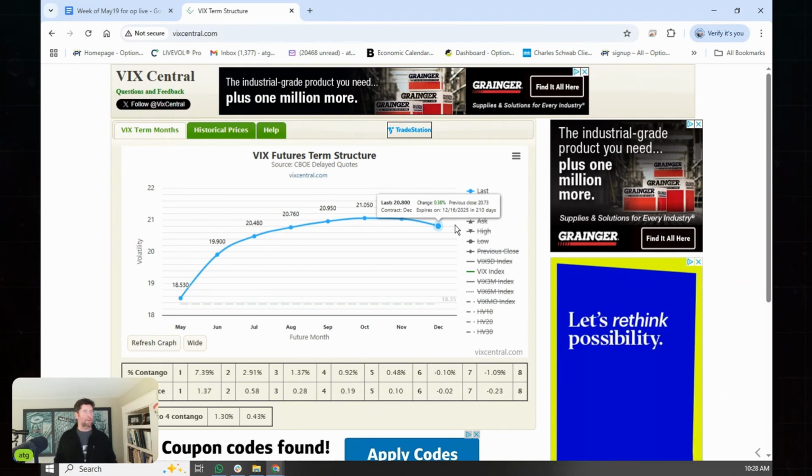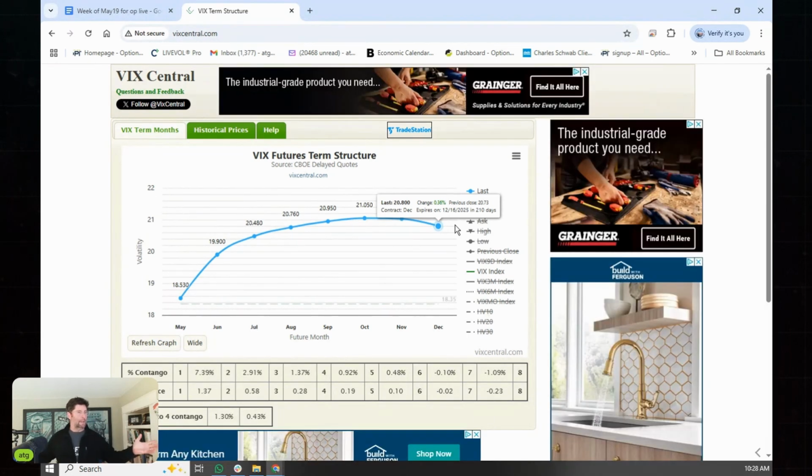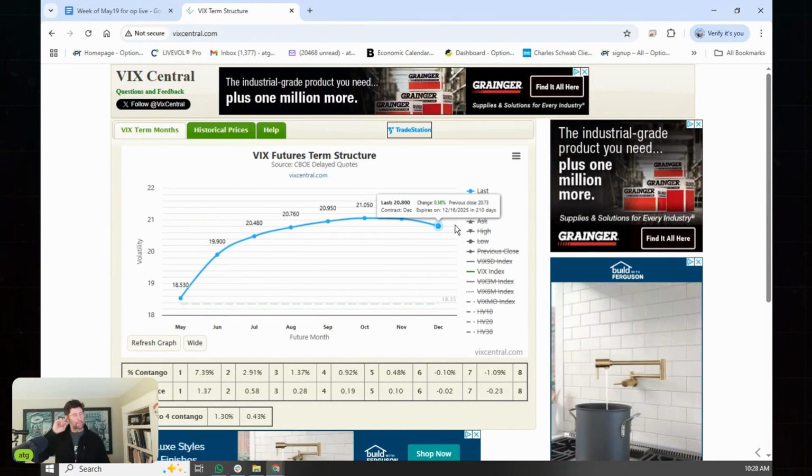Terry SC, VIX is creeping up this morning. So likely what will happen, Terry SC, is VIX will continue to creep up a little bit until when? Until we have news. And then it'll blow up because Congress just screwed up again, or the market likes what they did and VIX crashes, and then SPY will rip.